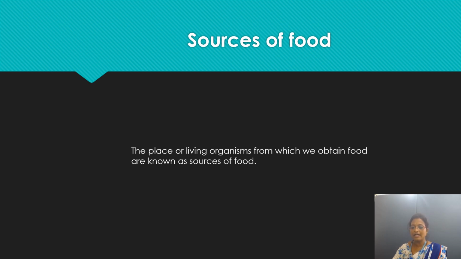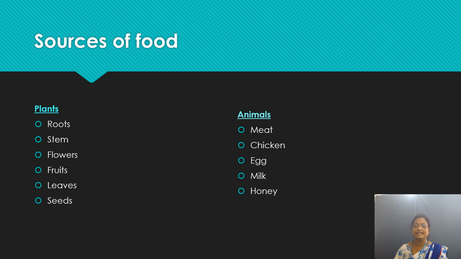So next, how many sources are there? Can you guess? Yes, there are two sources. One is plant source and the other one is animal source.